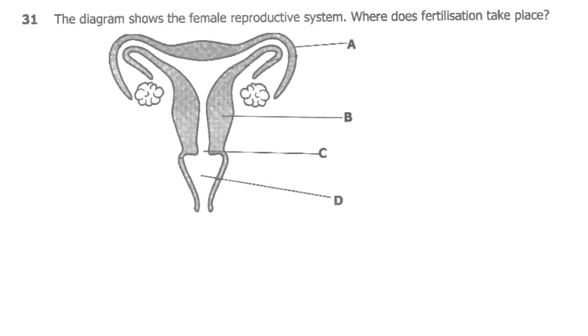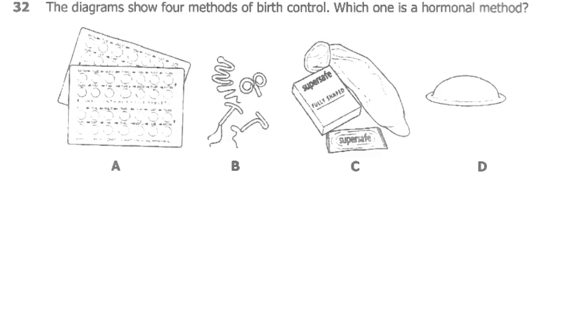So here our answer is A. A is a hormonal method of birth control. These are contraceptive pills, and they are used for birth control.